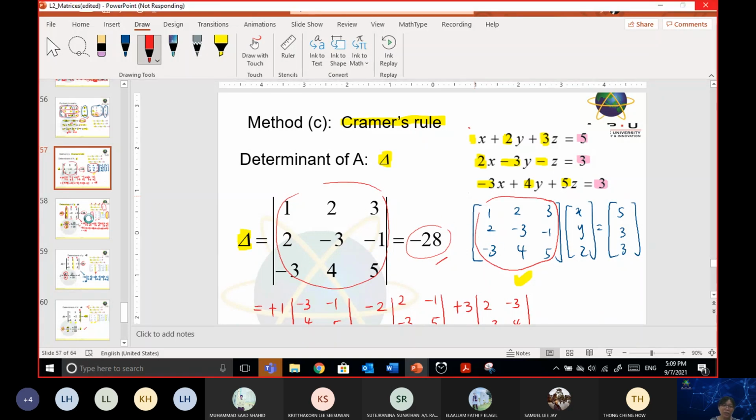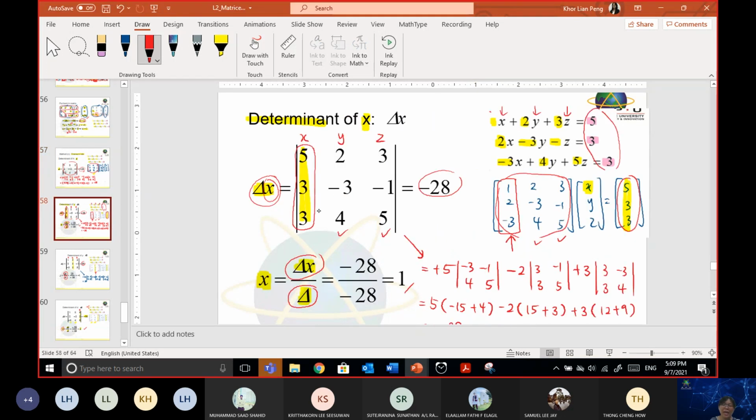Then you need to look for the determinant of x. Determinant of x means you substitute the column of x with the values on the right-hand side of the equation, 5, 3, 3.